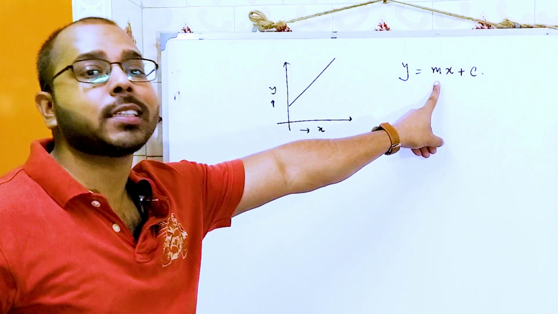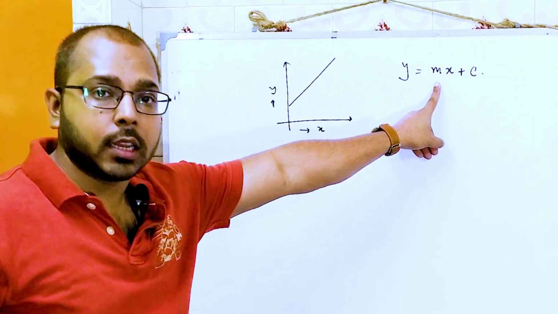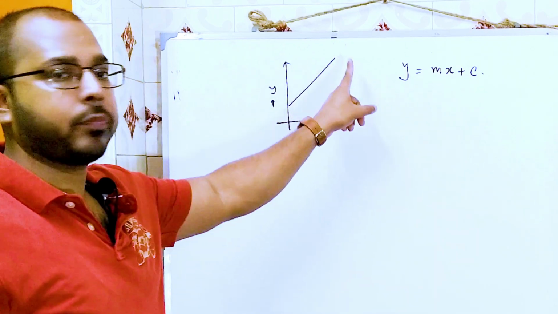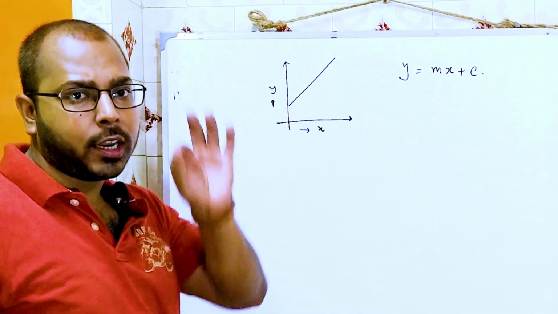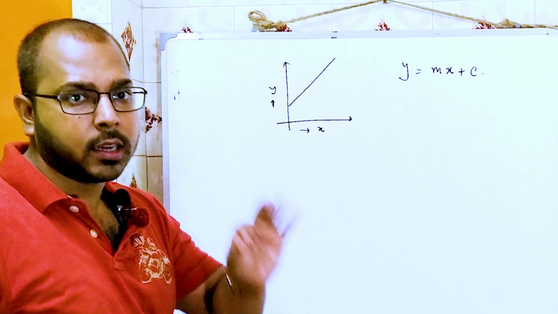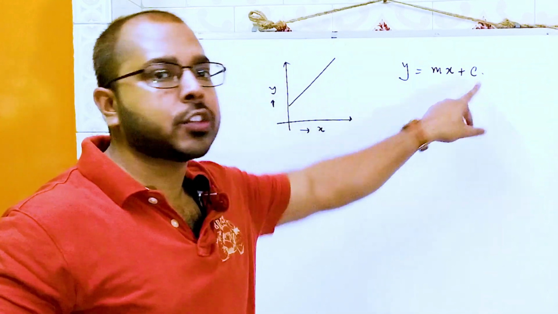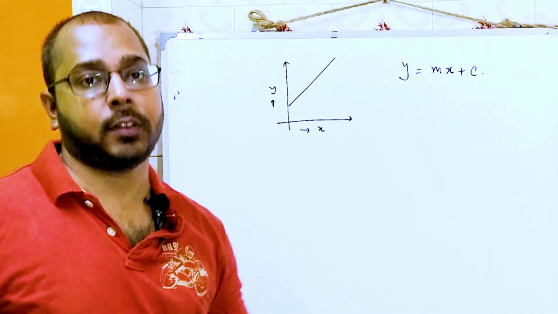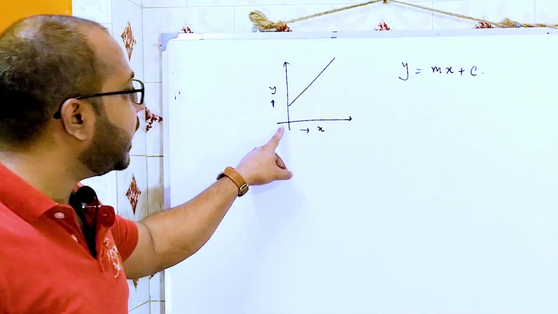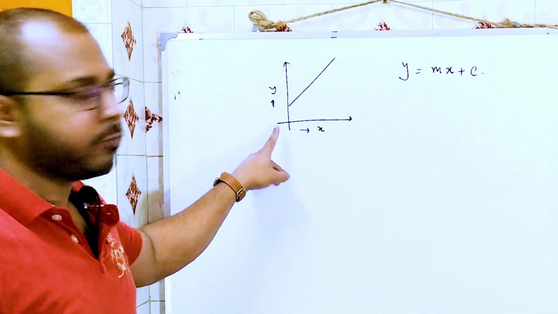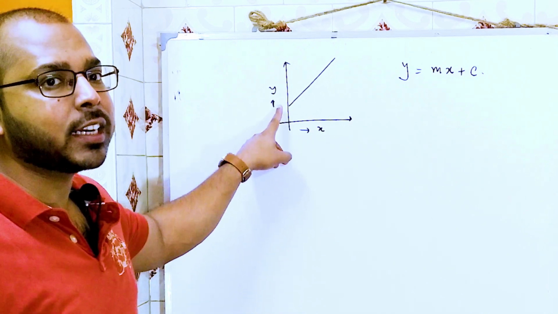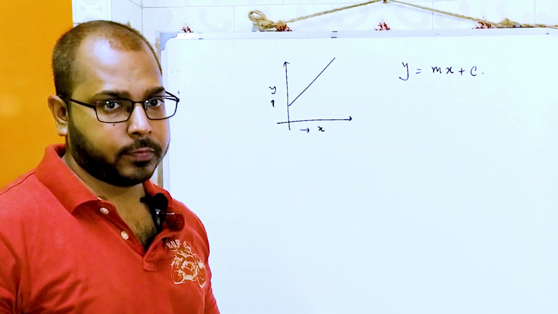Slope means dy by dx, and this c is known as the intercept. This is the intercept distance from the origin.